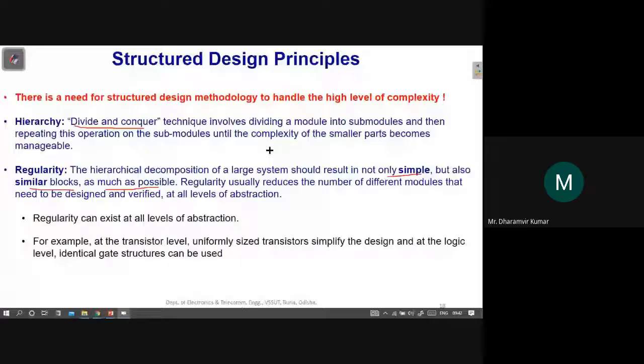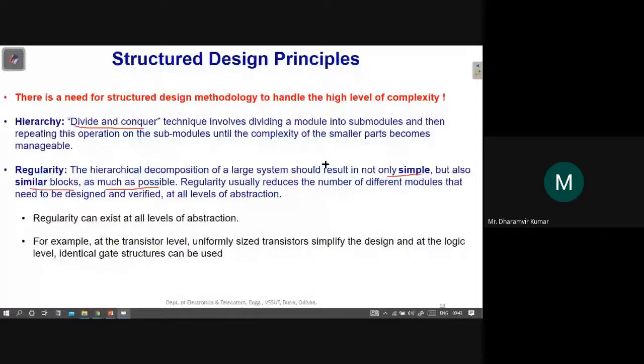When you decompose a big system into smaller subsystems, we should take care that it results not only in simpler, smaller systems, but also similar smaller systems as much as possible.